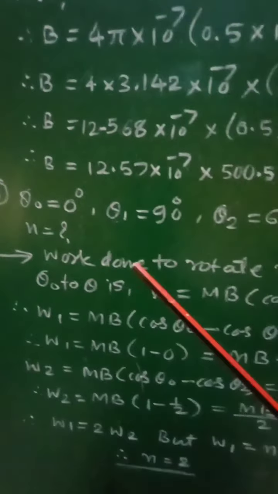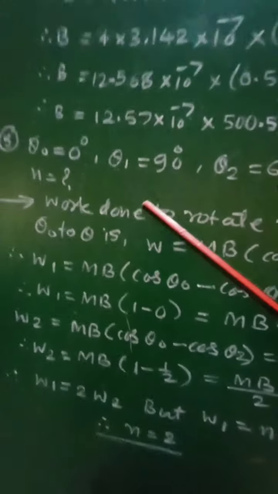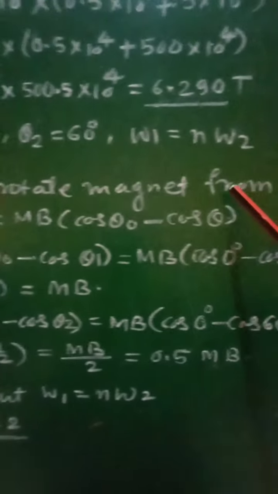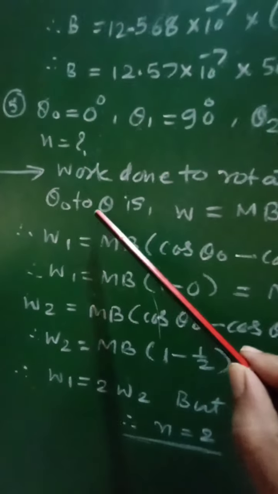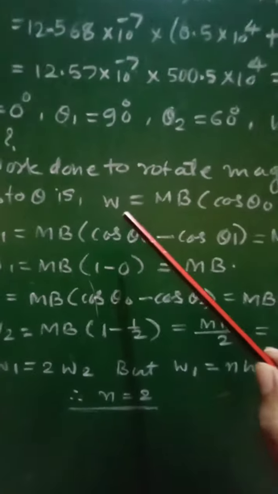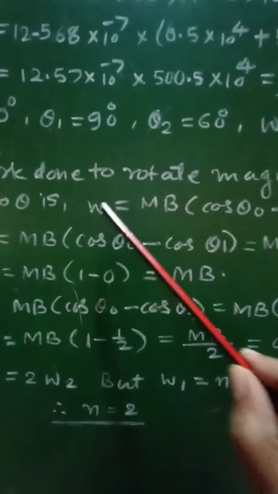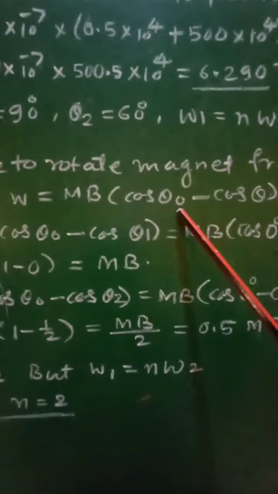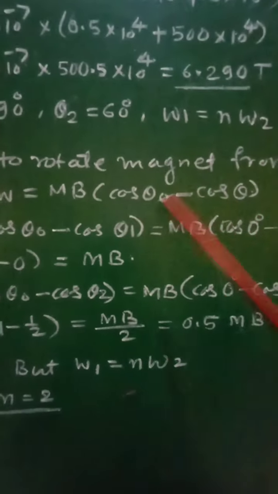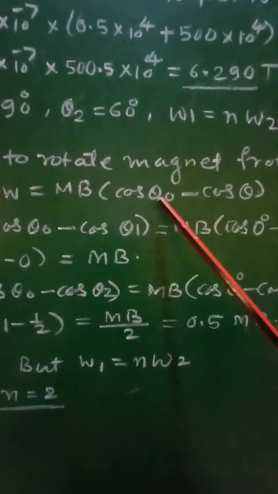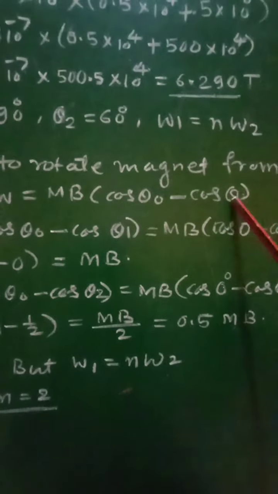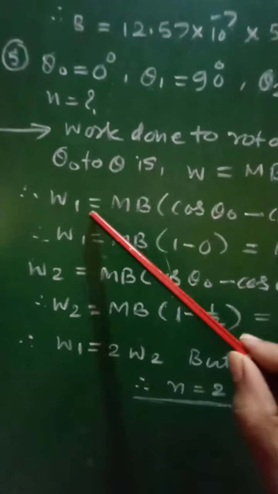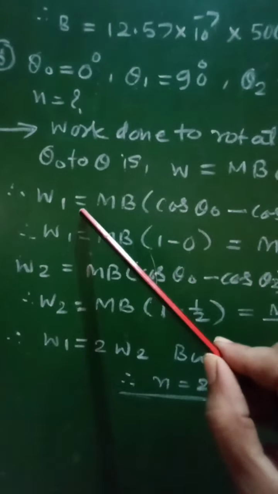The work done to rotate the magnet from theta 0 to theta is given by the formula work done W equal to mb into cos theta 0 minus cos theta.